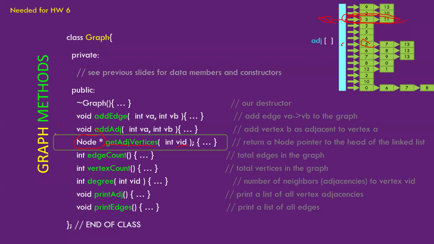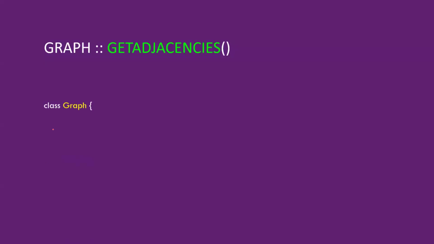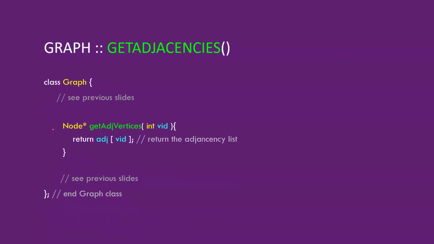So we're going to be working with this today a little bit more. And I think we worked with the print adjacencies also in our lab from the other day. Okay. Now, one more thing I wanted to show you. Let's dive into get adjacencies. It's just this simple. If someone gives me an ID for a vertex like vertex 0, I'm just going to say return ADJ VID.